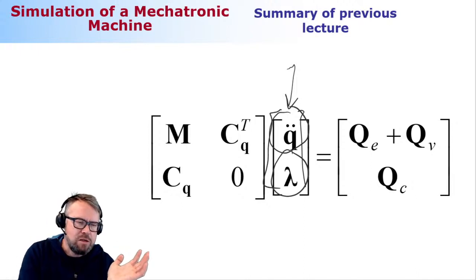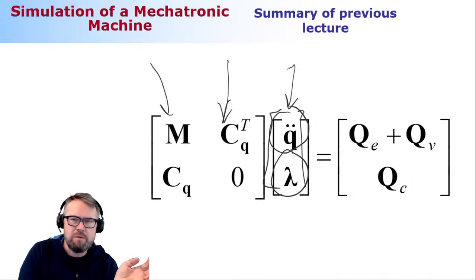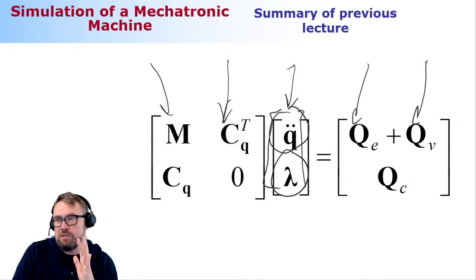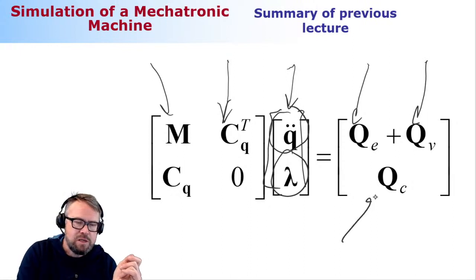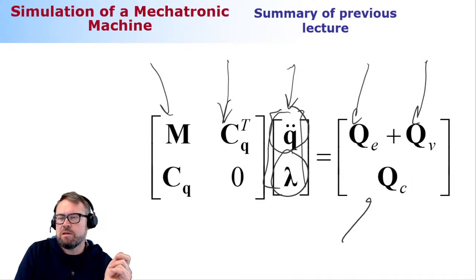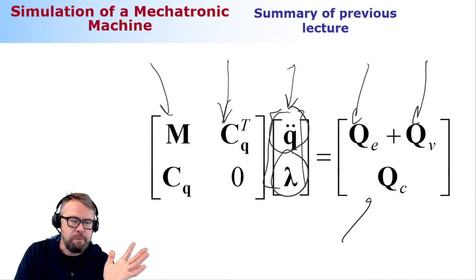And how do you solve that? Well, you solve it by substituting here the mass matrix of the entire system. This is going to be the Jacobian of the entire system. Here are the externally applied forces, the quadratic velocity vector, if non-zero, and then something you get once you differentiate the constraints twice with respect to time.